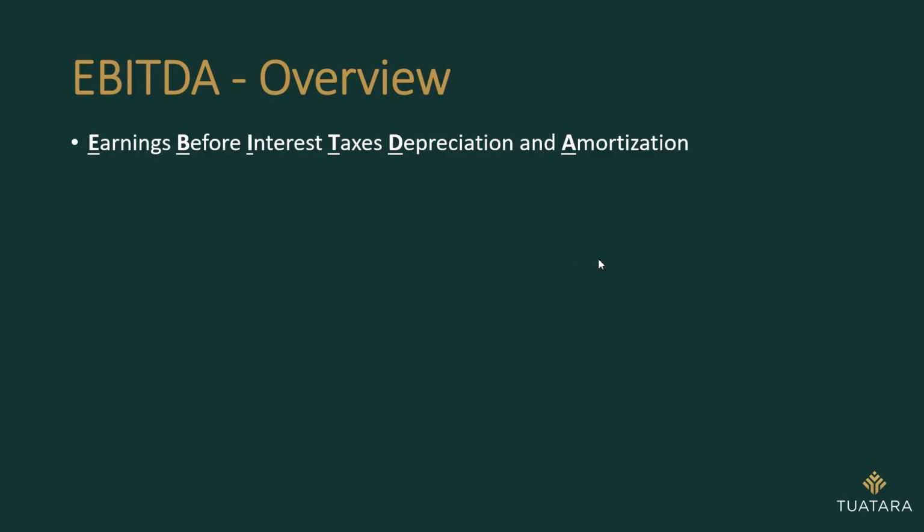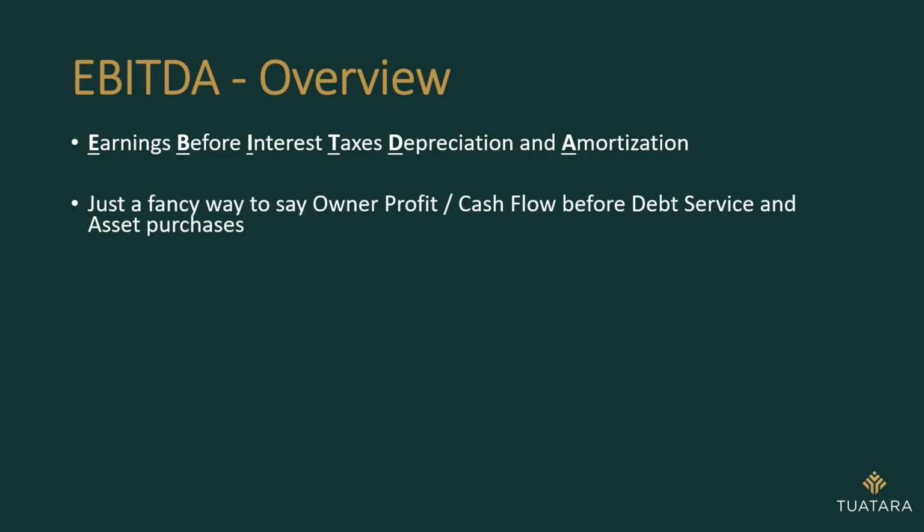It's important to spend a minute unpacking what EBITDA means. The official definition of EBITDA is earnings before interest, taxes, depreciation, and amortization. But for all intents and purposes, that's just a fancy way to say owner profit or owner cash flow before debt service and asset purchases.